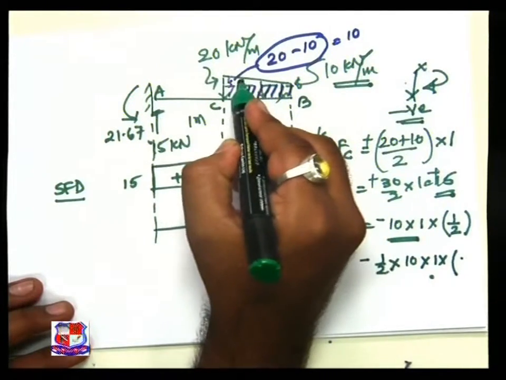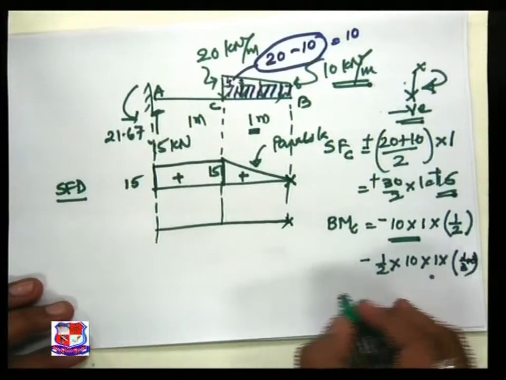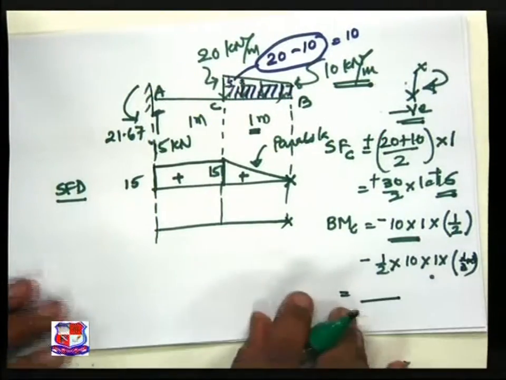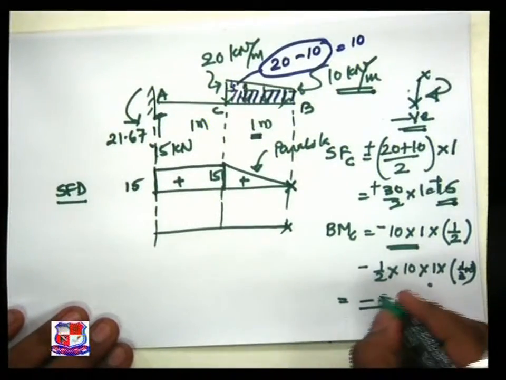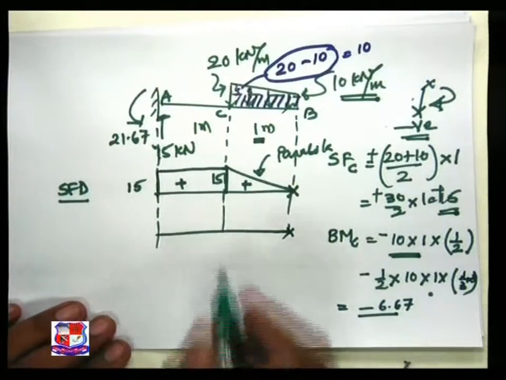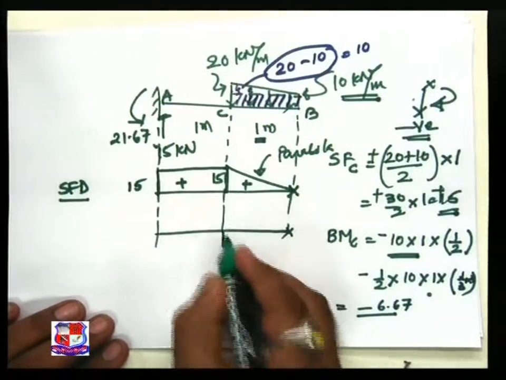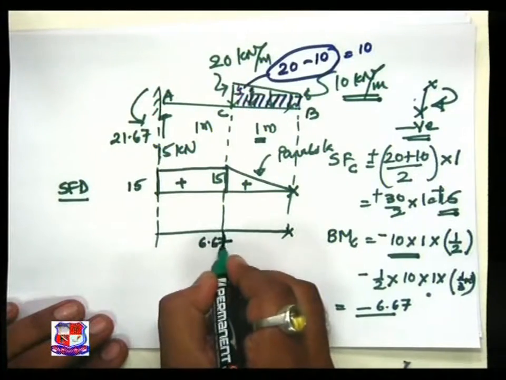This distance is 1/3 of 1, and by simplifying this we achieve minus 6.67. So we achieve this ordinate of 6.67.